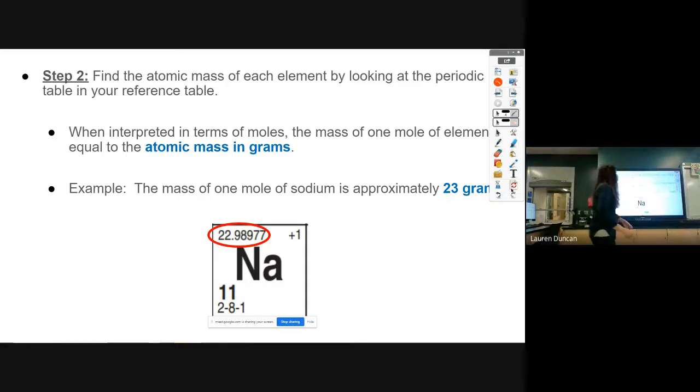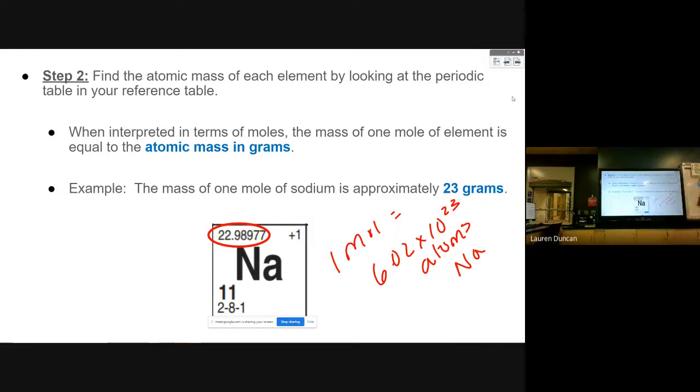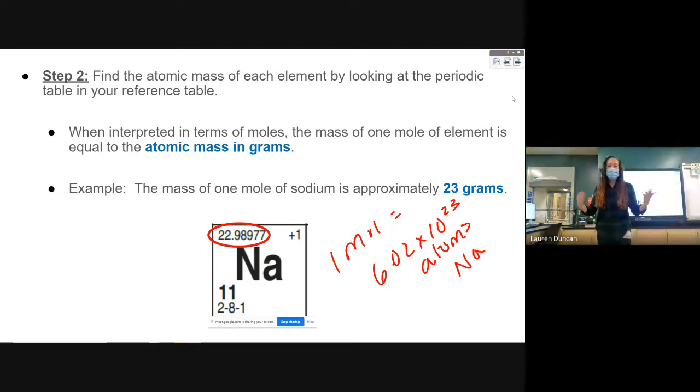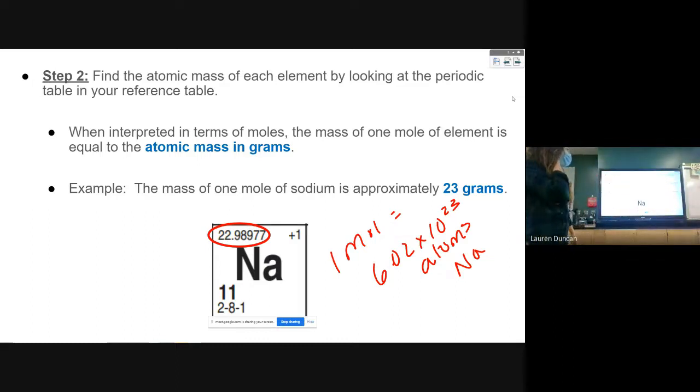So for example, if I had 1 mole, or 6.02 times 10 to the 23rd atoms of sodium, and I put those atoms on a scale, the approximate mass would be 23 grams. Now, where am I getting the 23 from? I'm rounding the atomic mass in the upper left-hand corner to the nearest whole number. So 22.98977 would round to 23.